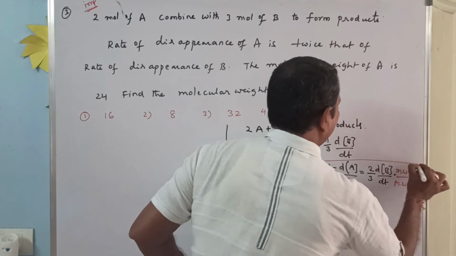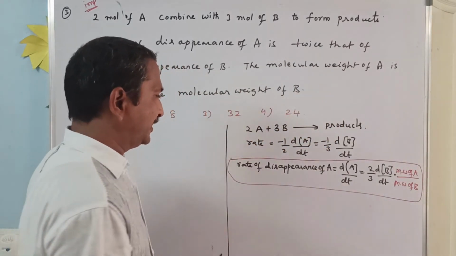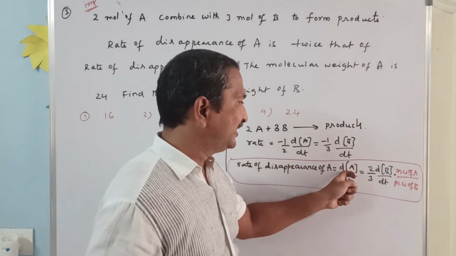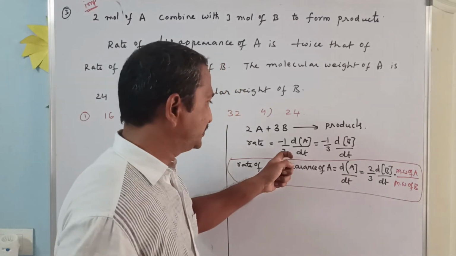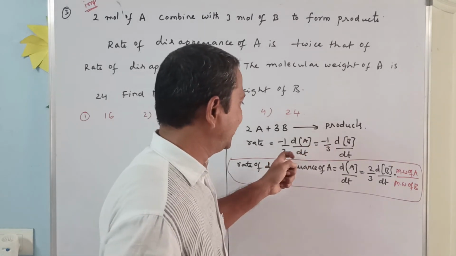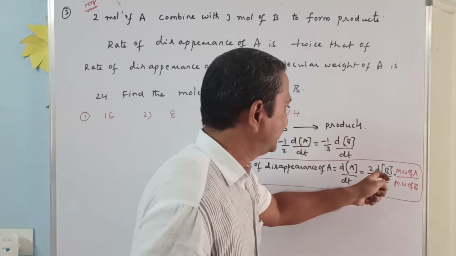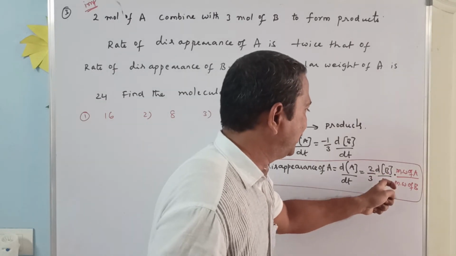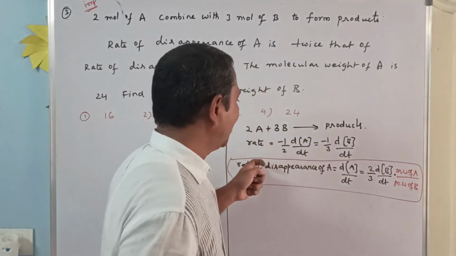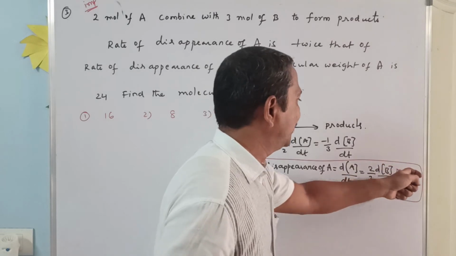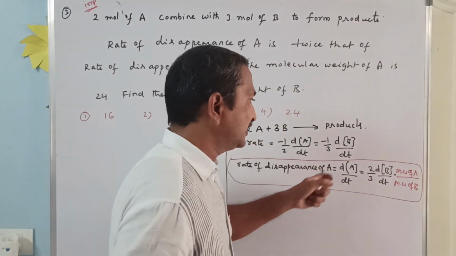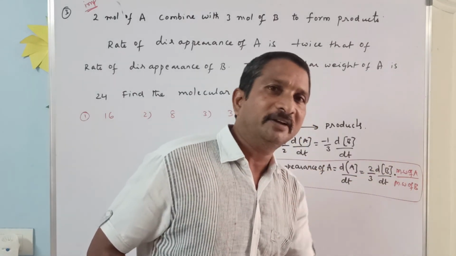This is the relation between A and B. If we write B first, molecular weight of B by molecular weight of A.